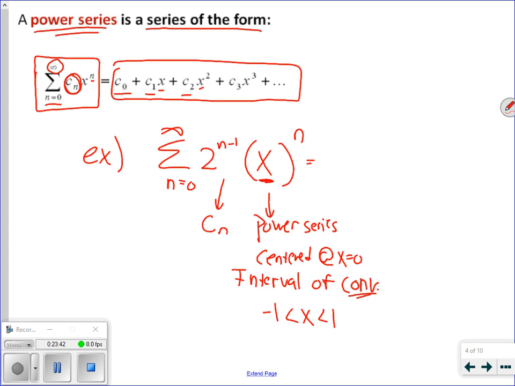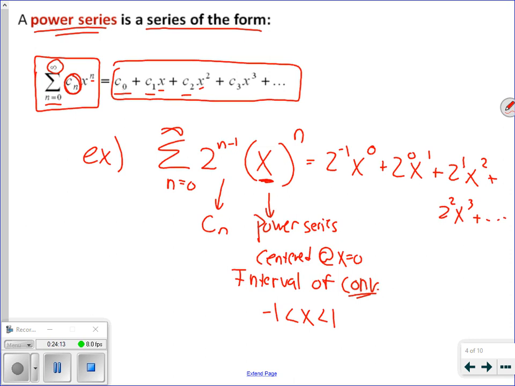What the expanded form looks like: if I plug 0 into this, this would be 2 to the 0 minus 1 power, or 2 to the negative first, times x to the 0. Plus 2 to the 0 times x to the first, plus 2 to the first times x to the second, plus 2 squared times x to the third, and the pattern continues.